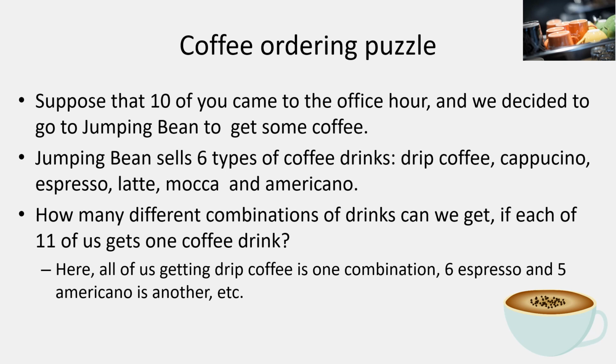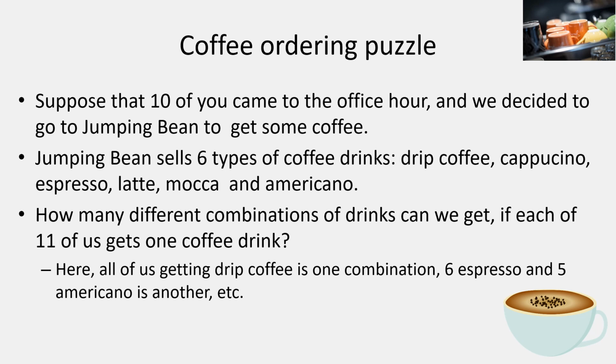Here's the question: how many possible orders can we place for drinks? So there are 11 people, some get one kind of coffee, maybe some get another kind of coffee. Say each one of us gets just one drink out of those 6 possibilities. So how many different combinations of drinks can we get?